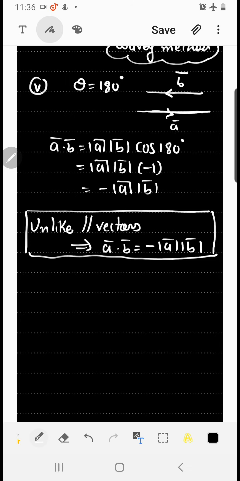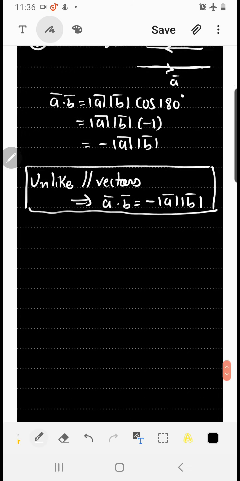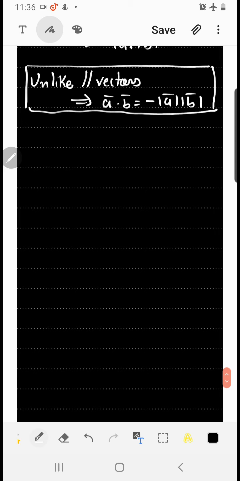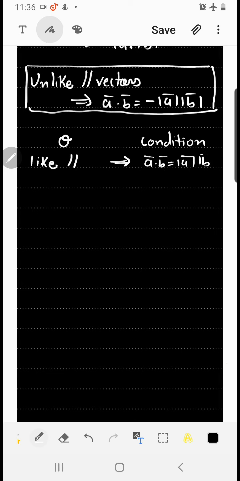So that is where we have divided the complete angle into 5 cases. Let us formulate a table on this: theta and condition. If theta is equal to 0, can I say like parallel? It implies A bar dot B bar is equal to mod A mod B. If I say acute angle, then it implies your dot is greater than 0.